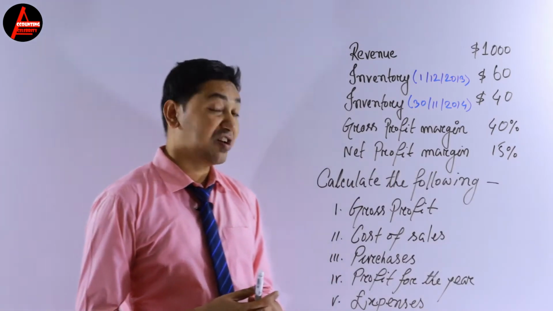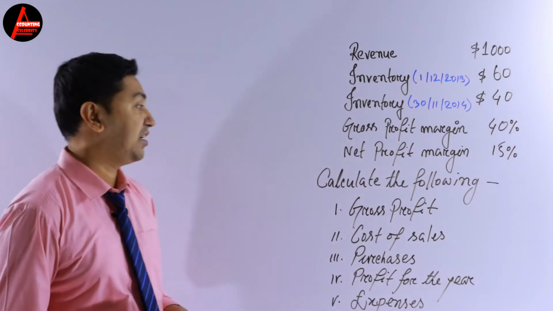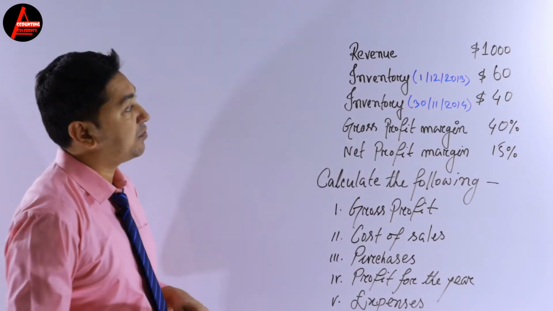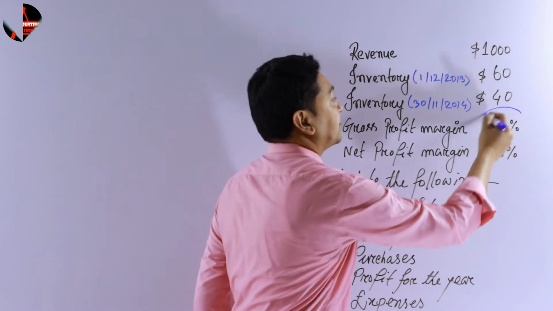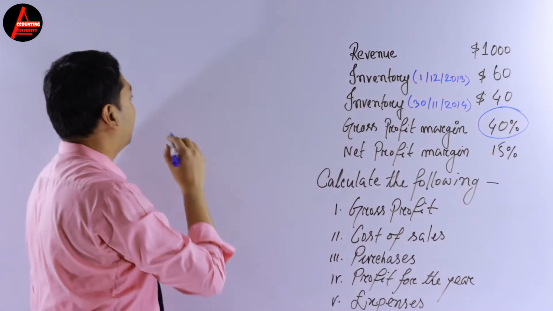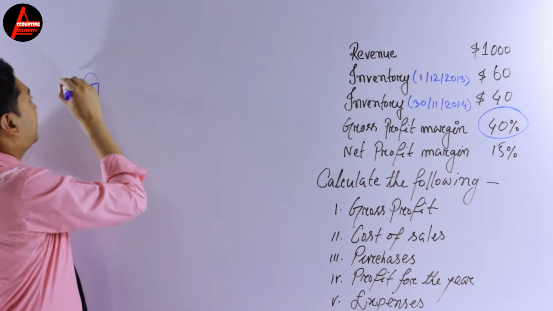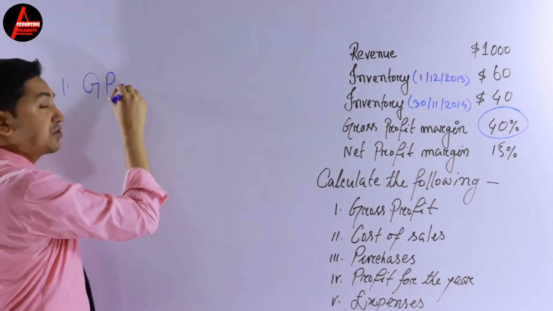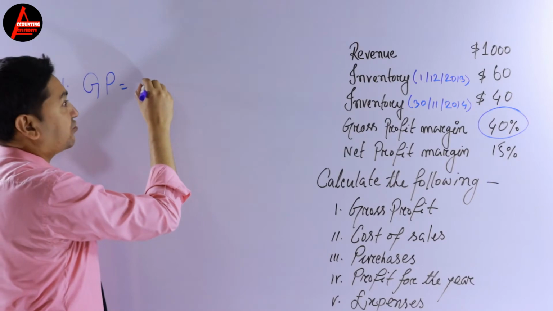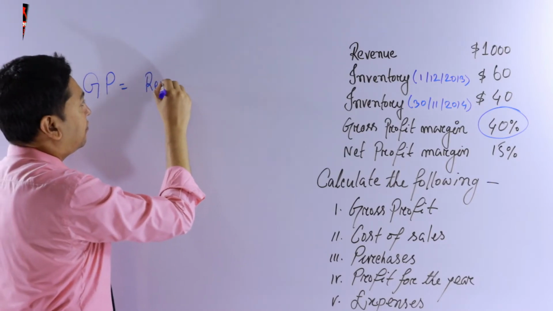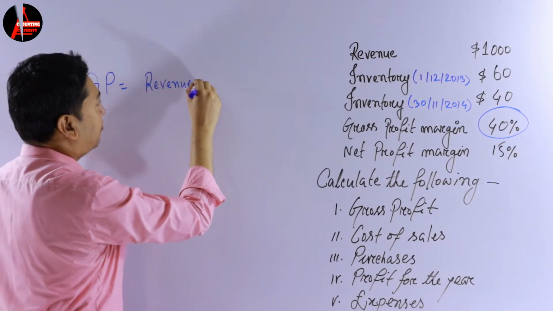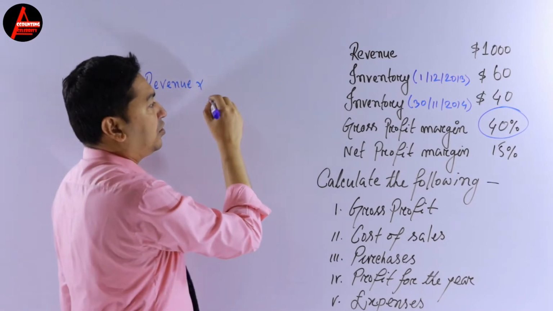What is given here? Gross profit. So how to calculate here gross profit? Gross profit margin is given here 40%. So gross profit, number one here, gross profit equal to what? Sales revenue multiplied by margin.